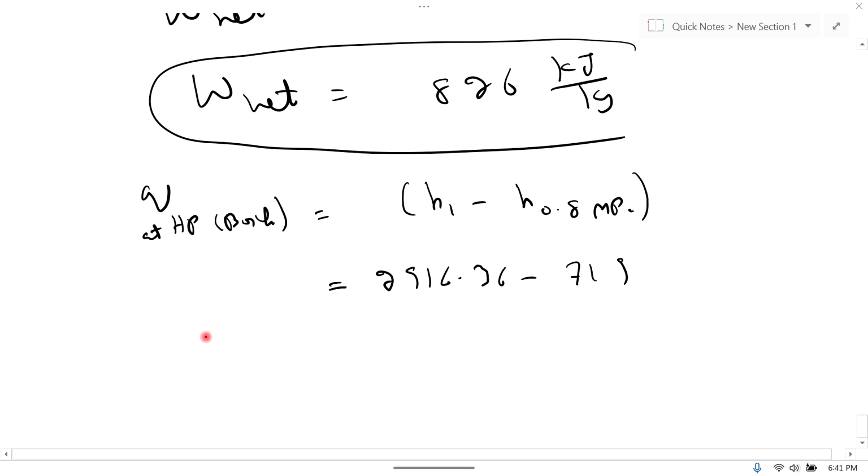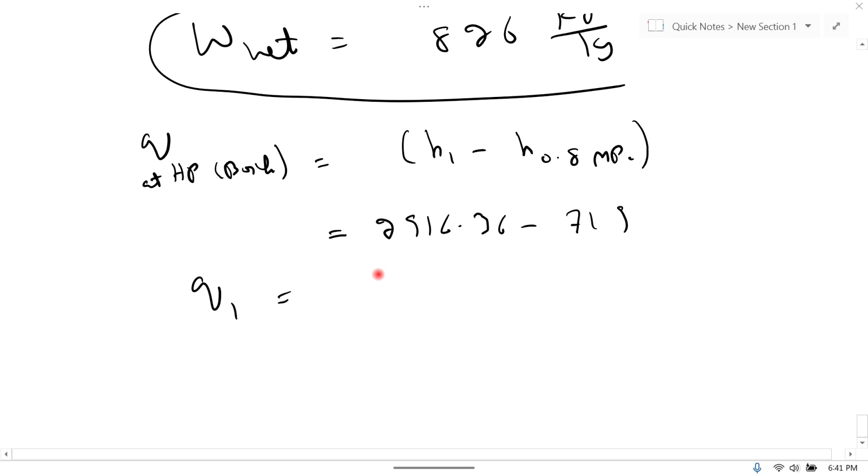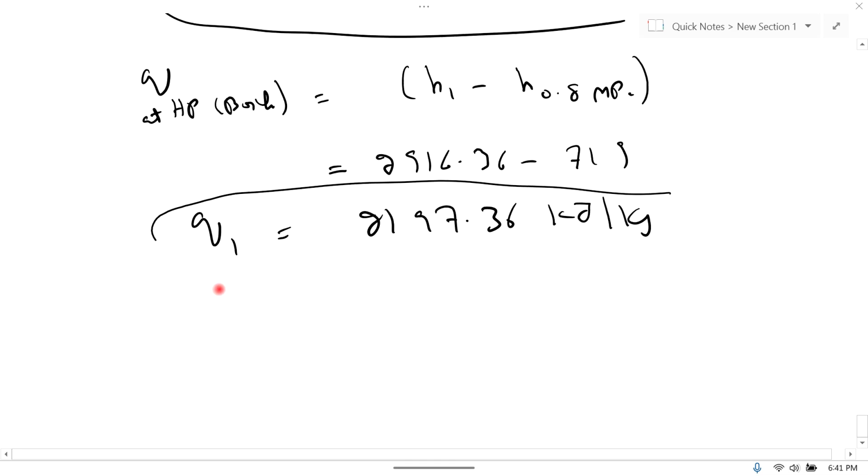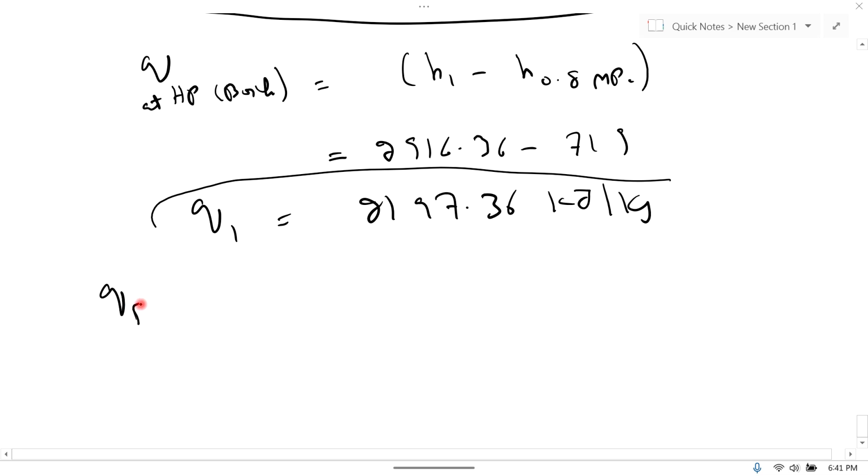Let me name this Q1. So Q1 is equal to 2197.36 kilojoule per kilogram.